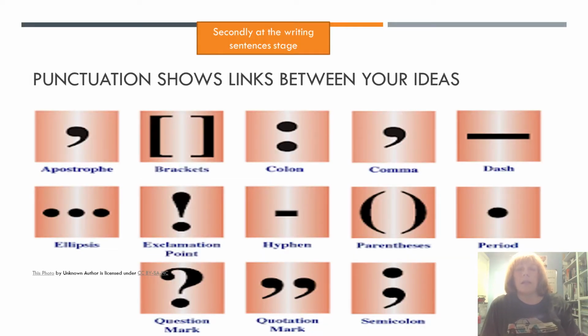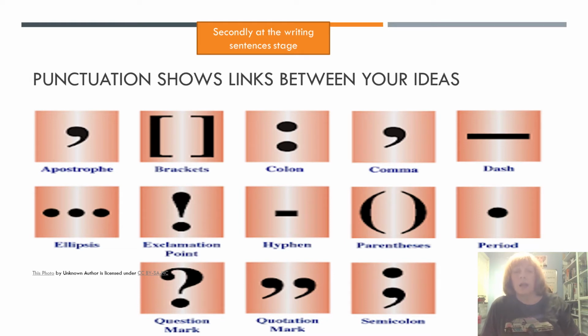Also, at the second stage, you need to think about the punctuation that you use. And when you start at entry 3, you will probably be using the full stop, the exclamation mark, and the question mark. And if you've worked really hard, you might already understand the use of that comma. By the time that you reach level 2 with your functional skills, we want to be thinking that you understand what ellipsis is and how to use that.